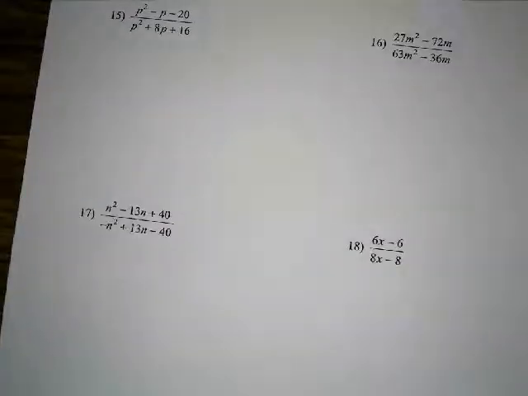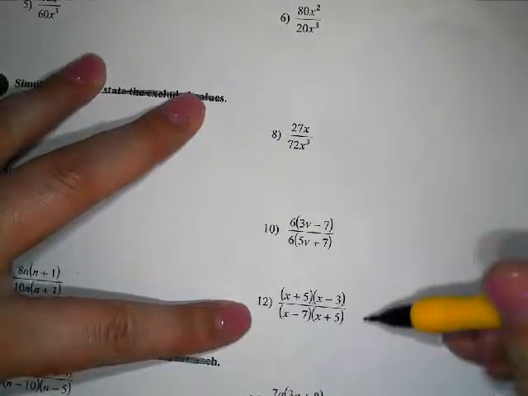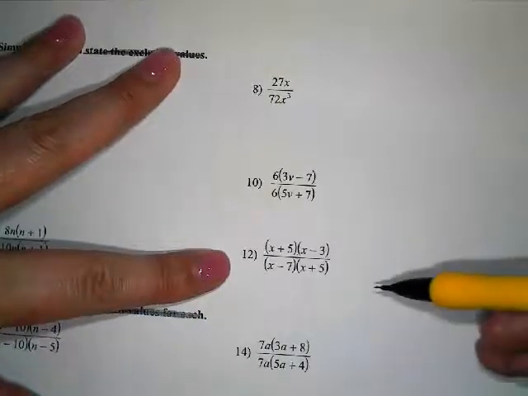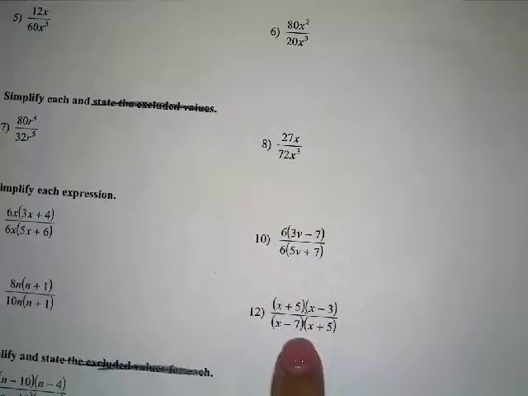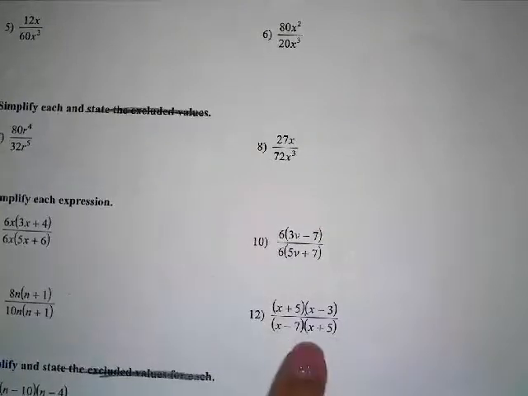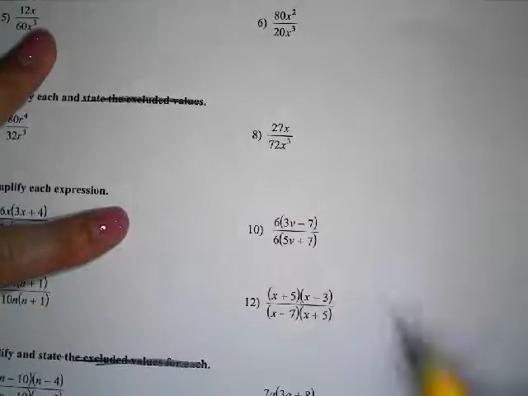Number 12? Okay, so if we look at number 12, step 1 is to write it like a fraction. Step 2 is to make sure it's in the right order. We're not so much worried about order because in this one it's already factored for us. So if it's already factored, we just look at our parentheses, and what do we see about our parentheses? X plus 5s are identical. And then what's left over?